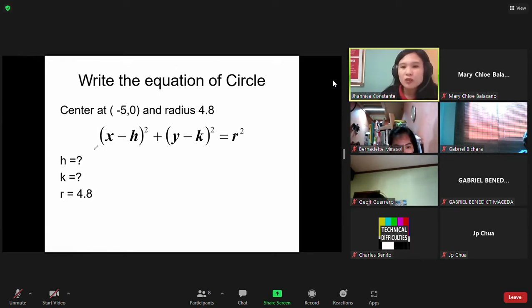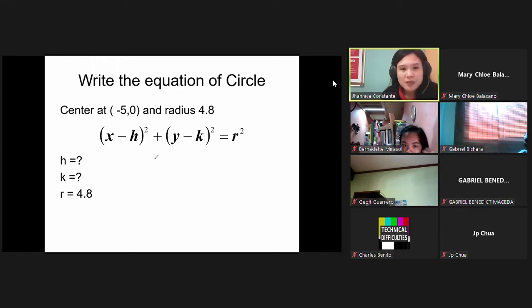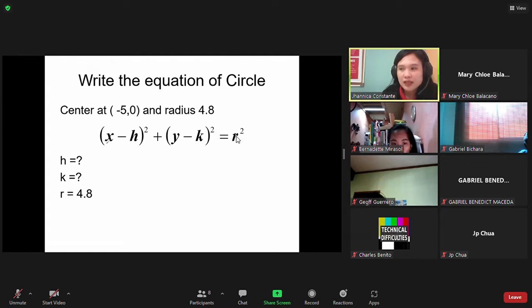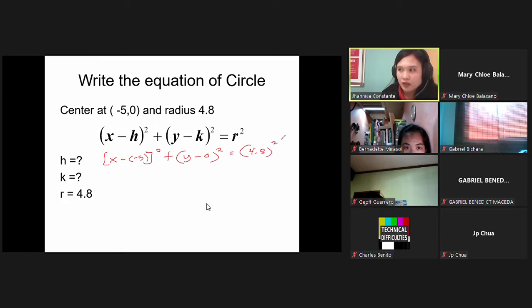If you want to use the standard form in solving for the expanded form of the equation, it will look like this: x minus negative 5 squared plus y minus 0 squared equals 4.8 squared. So x minus negative 5 will be x plus 5 squared plus y minus 0 squared equals 23.04.